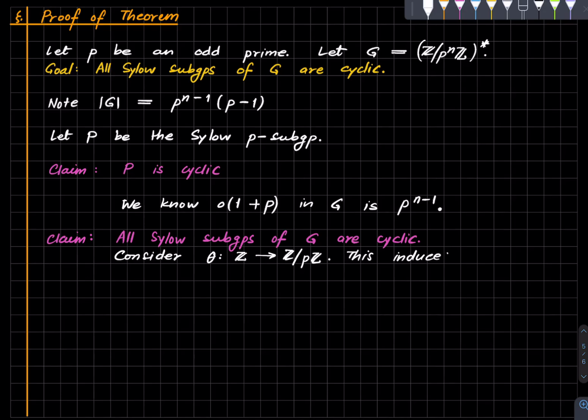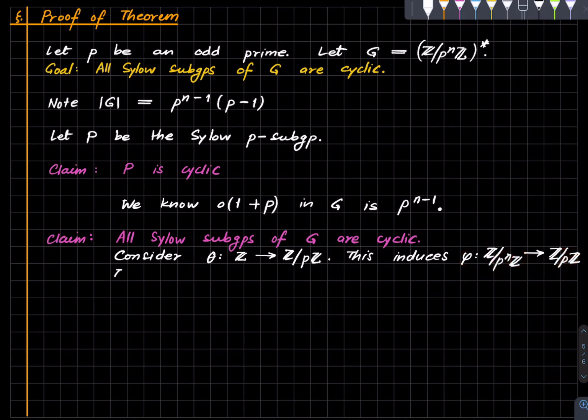This induces the map phi from this group to that. We are just using what we discussed in the previous page. This number is divisible by that number, and hence we have such a thing.